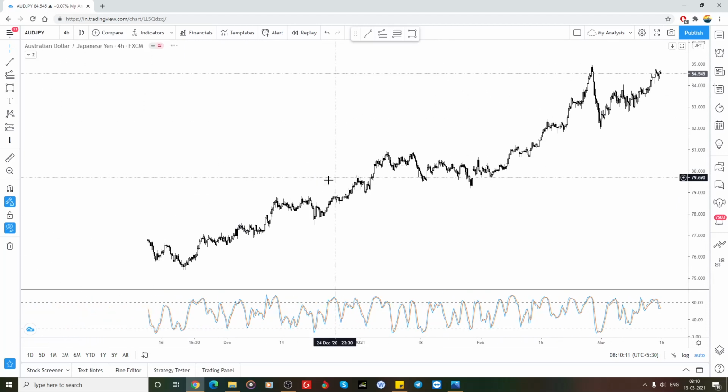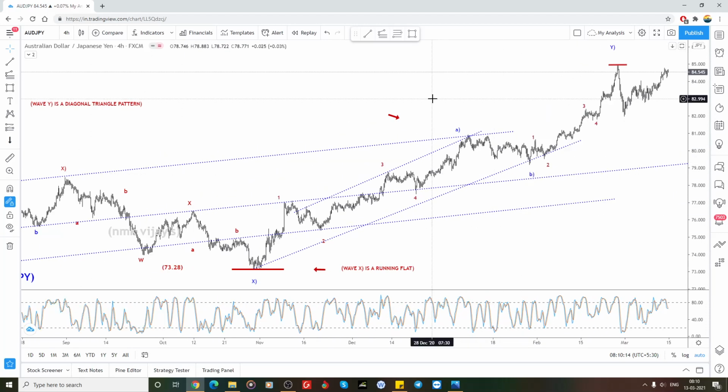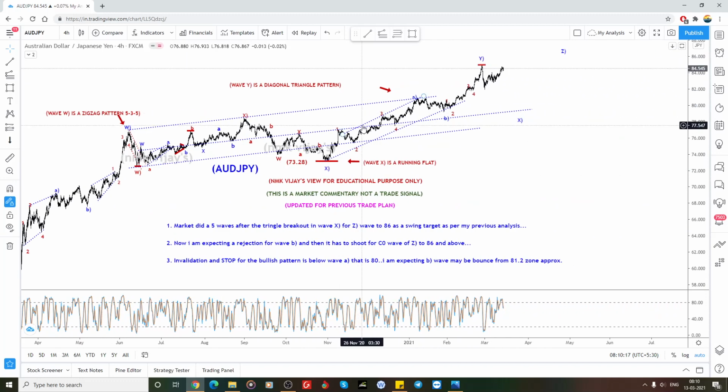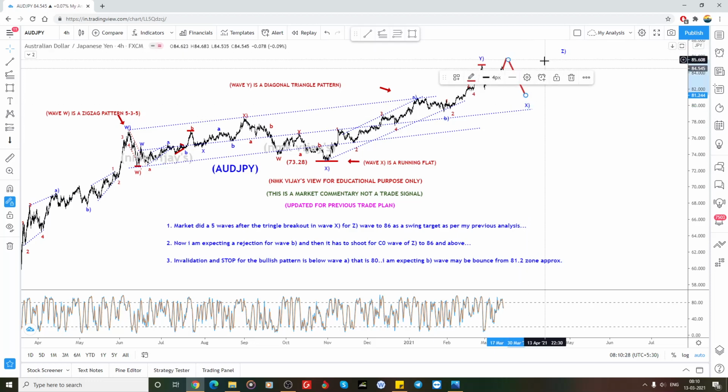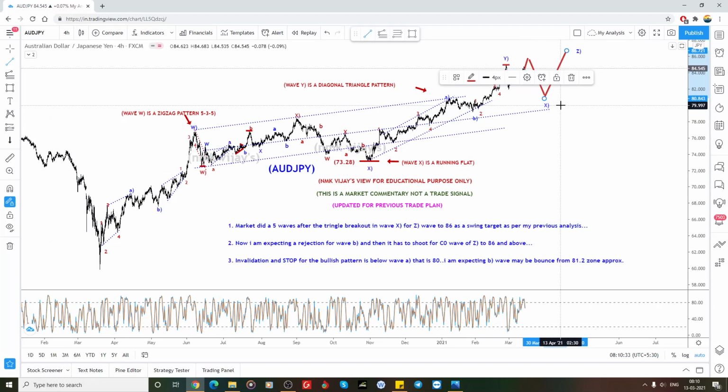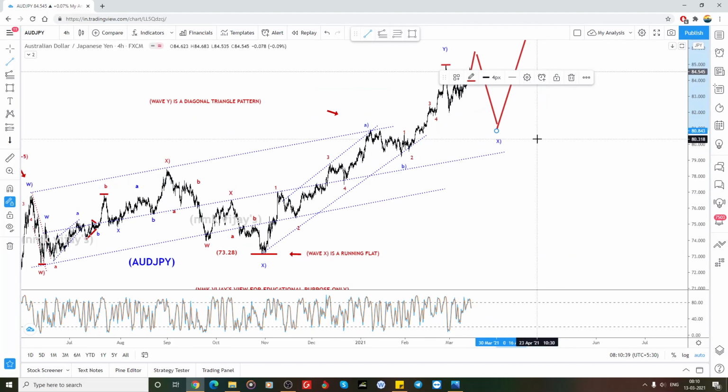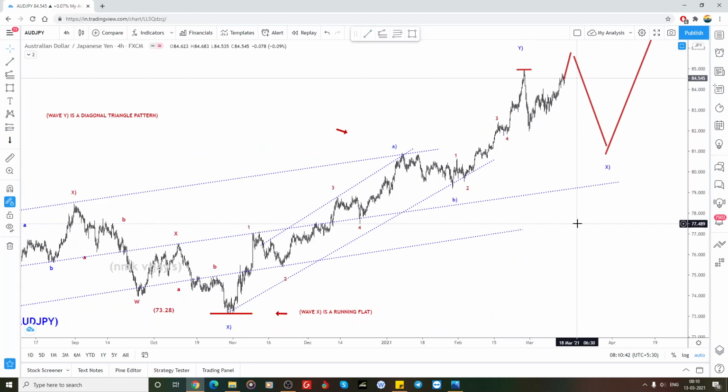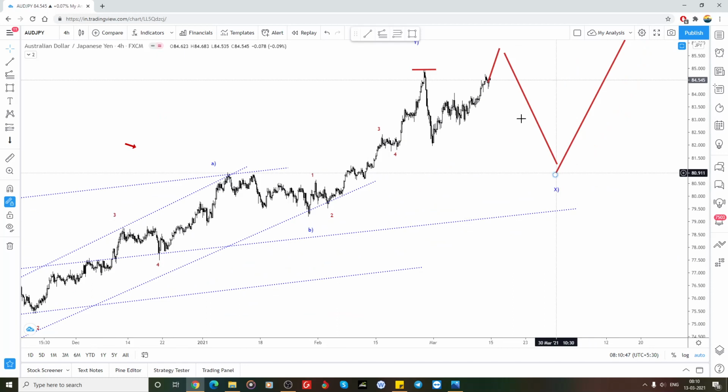So here it looks like a correction, and my question is whether, if it is also bullish, it can do the irregular flat, and then again it may fall for the X wave, and again it can continue for the Z wave also, because USD JPY is also very bearish, JPY is very bearish, so it can continue for the Z wave also. And if the Australian dollar also gets rejected, so both currencies will be weaker currencies, so then it will get overlapping or messy.